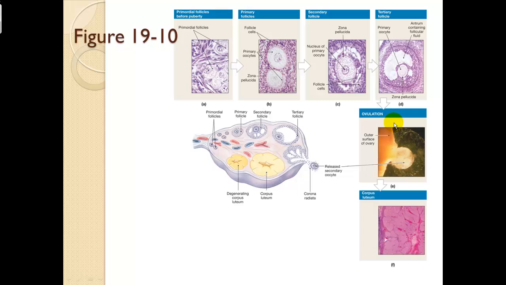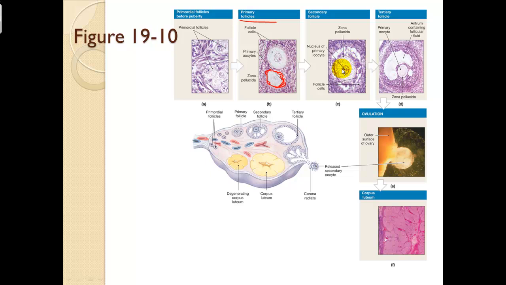This is a quick overview, figure 19.10: primordial follicles, and then you get primary follicles after this. So these primordial follicles develop into the primary oocytes, and this is the zone, the actual cellular area here. The zona pellucida kind of develops and separates this off.